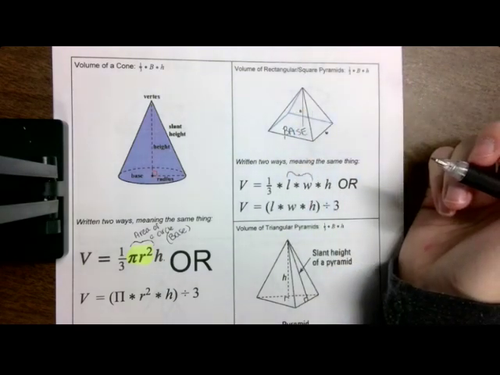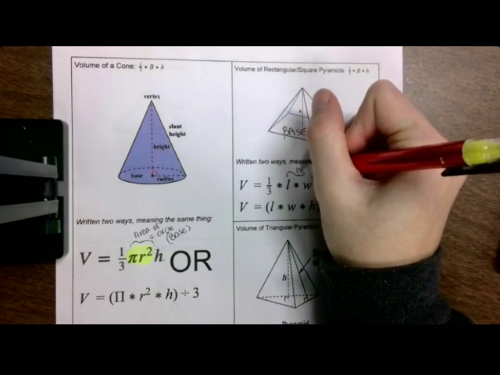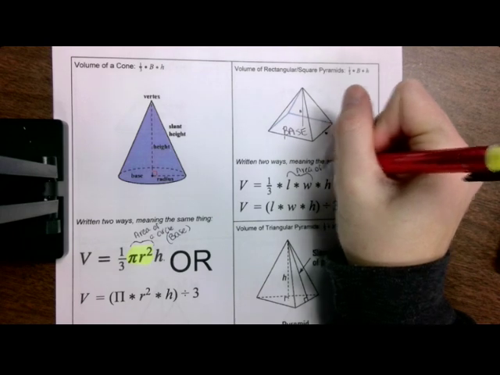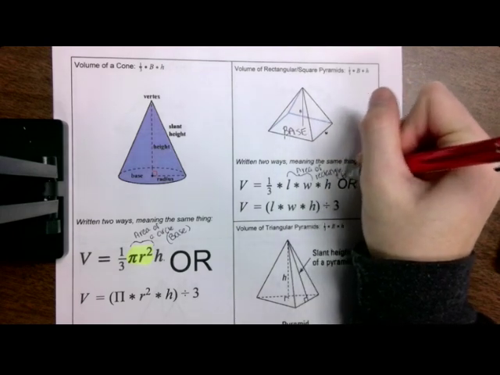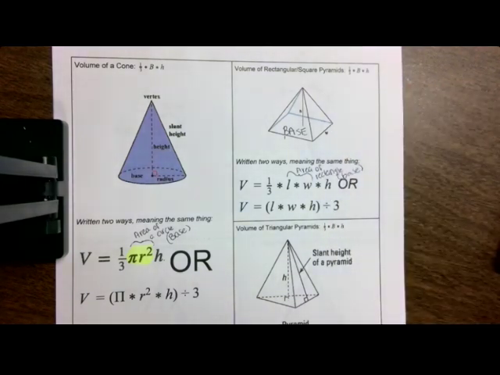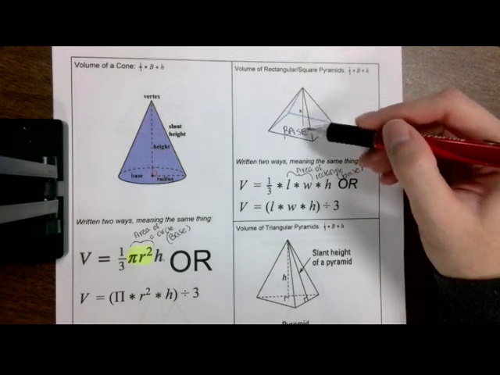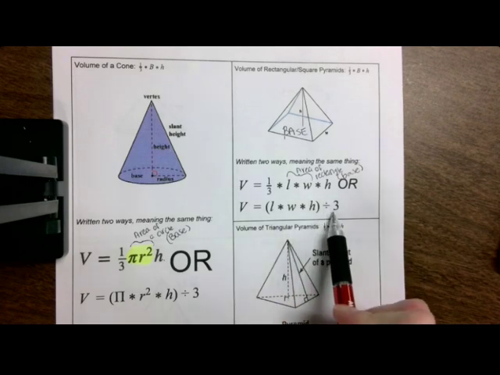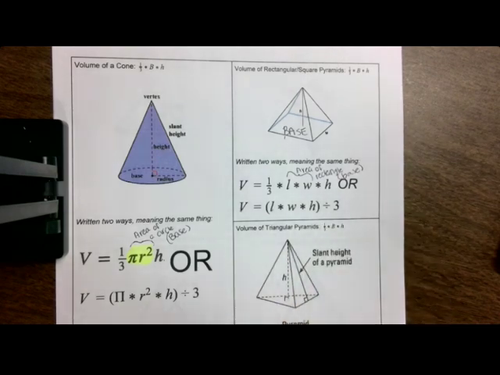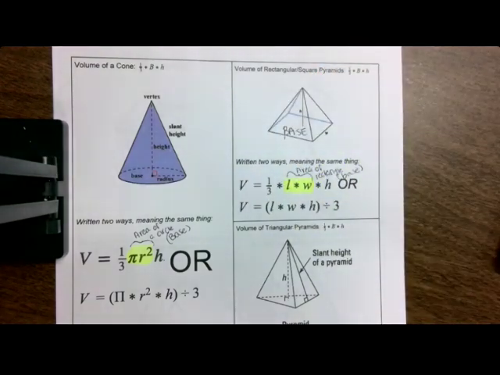That was what we focused on the other day when we were working with area. So this is the area of a rectangle, which is your base. You multiply that by the height because, again, it's a 3D shape, so there's another component. And then the last thing is multiply by 1/3, which is the same thing as dividing by 3. Like I said, base times height times 1/3, that's really all we're getting to.